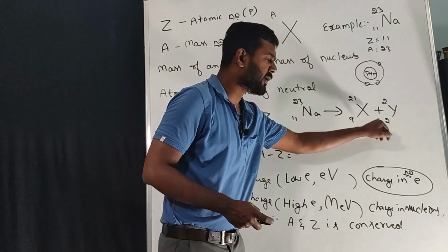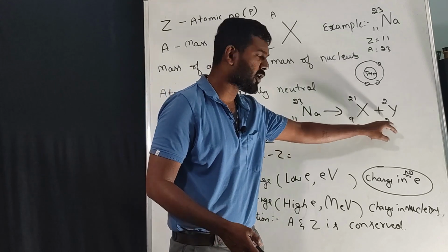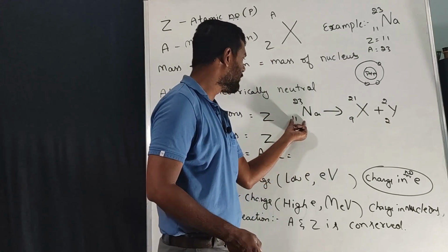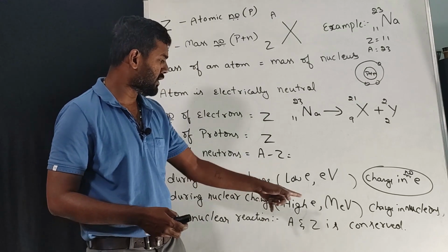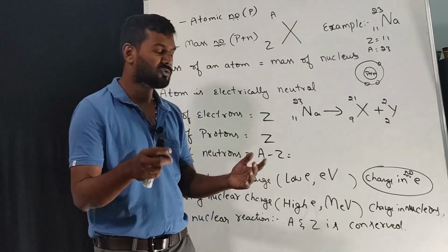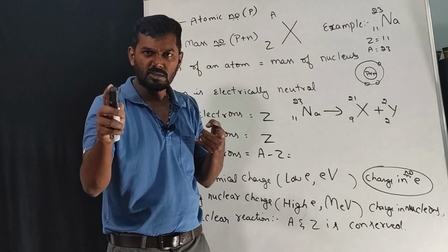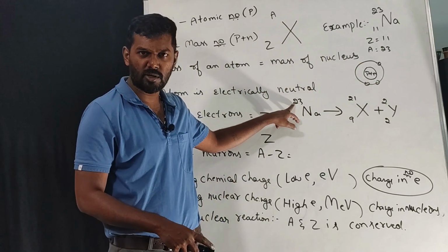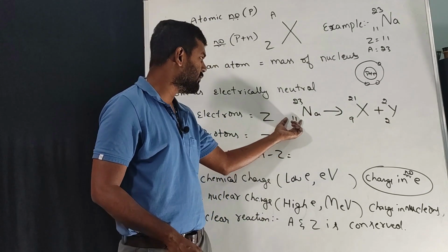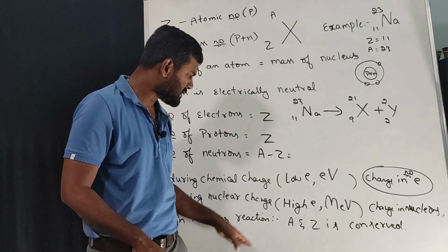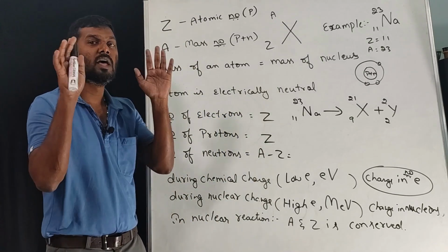Whenever you add the atomic numbers of the products, after the reaction, whatever products we are getting, if you add these two, that will be equal to this one, that is conserved. So atomic number and mass number will be conserved during the nuclear change. That means in the products, whenever you add all the mass numbers, that will be equal to the initial mass number, and if you add all the atomic numbers, that will be equal to the initial atomic number. That is nothing but atomic number and mass number during the nuclear change is conserved.